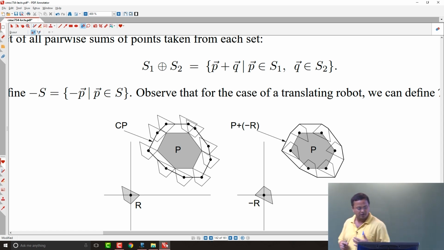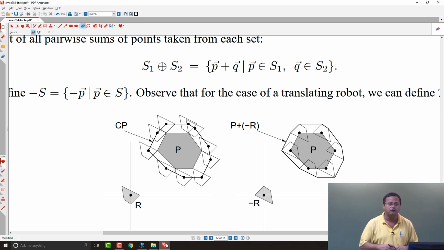Yes. So, if that robot is translating, then at the corner it will make kind of a circular arc. The point, the center of the circle traces, will be exactly the corner only, because it can't rotate, right. So, after coming to a point, it will not shift like this, but it will move.